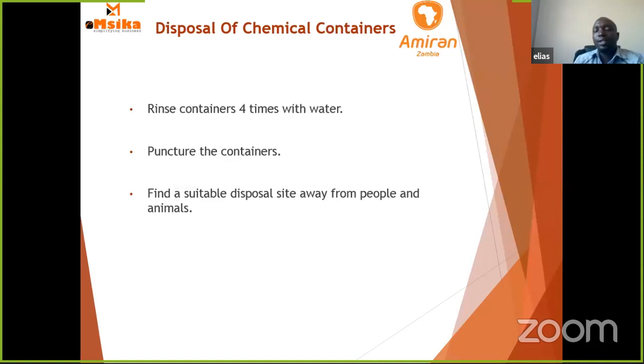Then also find a suitable disposing site away from the people and away from animals. So after cleaning, you puncture, and if you have identified a place within the farm where you're supposed to dump these things, then it has to be away from the animals' reach and away from people's reach.